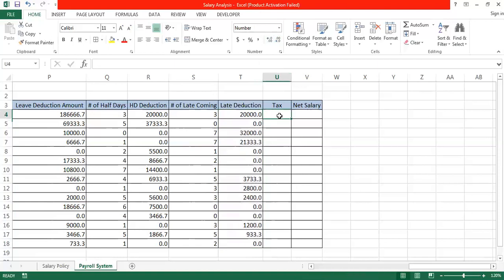Then taxes. Now taxes are on the basis of gross salary. You can either have a new column for gross salary, and then deduct the taxes on the basis of your gross salary, or you can directly add all these values and then apply the tax as well.